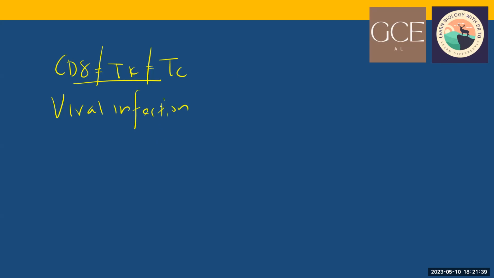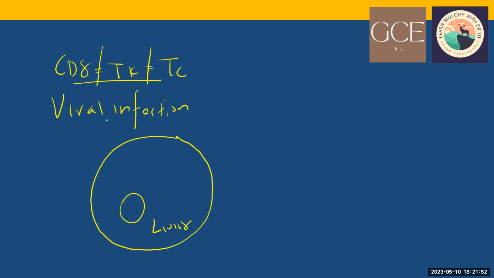If there's a viral infection, viruses are non-living things. Basic mechanism is they need a living host cell. So when the virus goes into the living host cell, it starts to replicate.